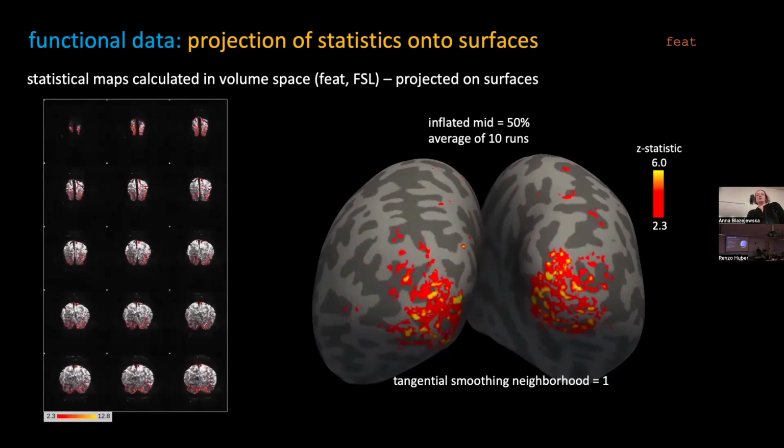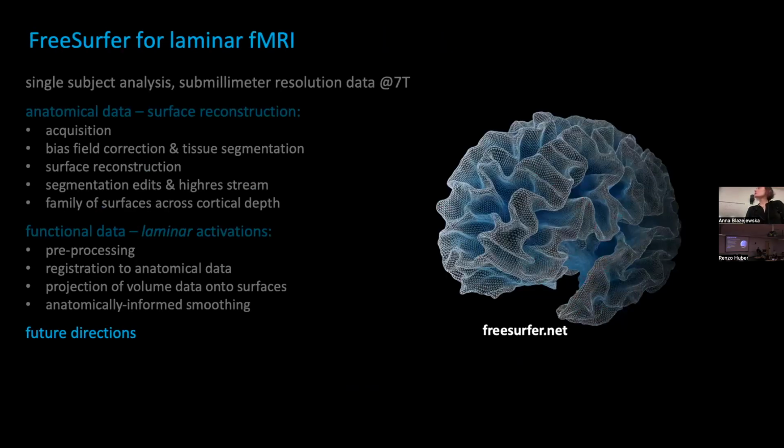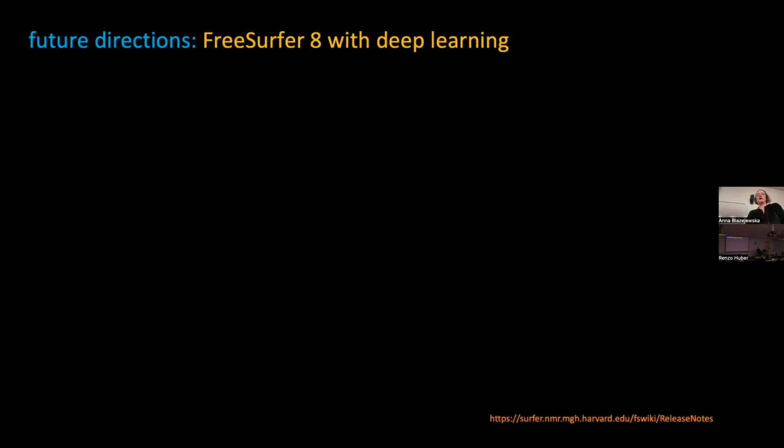Okay, so I ran really fast through that, but I'm almost at the end of this presentation. I just wanted to talk a little bit about these future directions that I have mentioned a few times throughout the talk. So the new version of Freesurfer, as I said, has new deep learning tools in it.